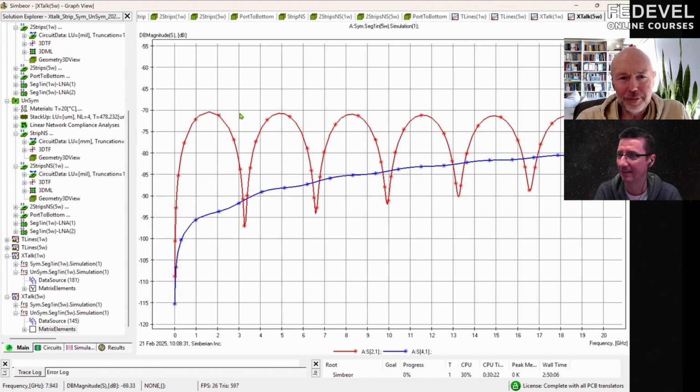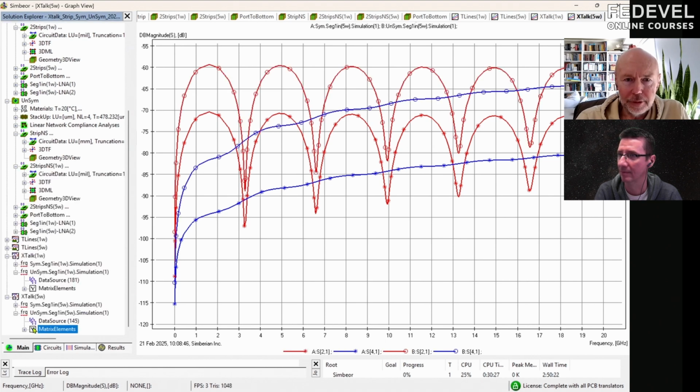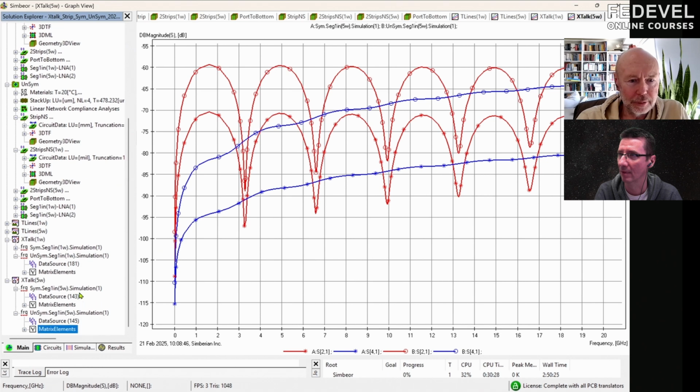So right here with 5W we really kind of pass all the compliance conditions for this. And that's what we have in case of unsymmetrical. This one is symmetrical, and this is unsymmetrical.